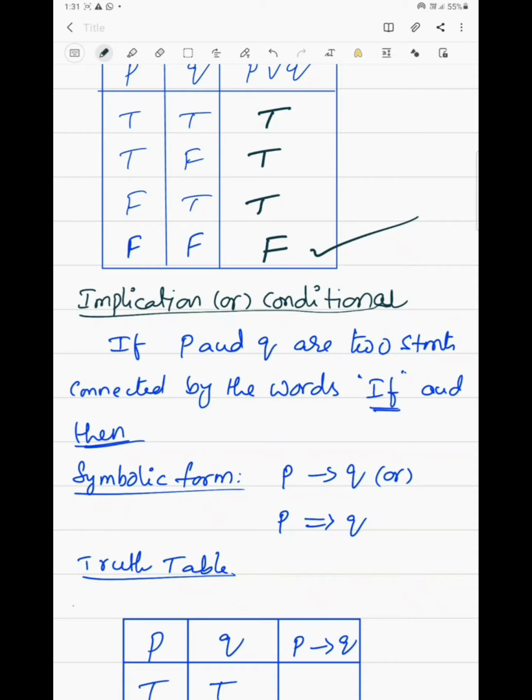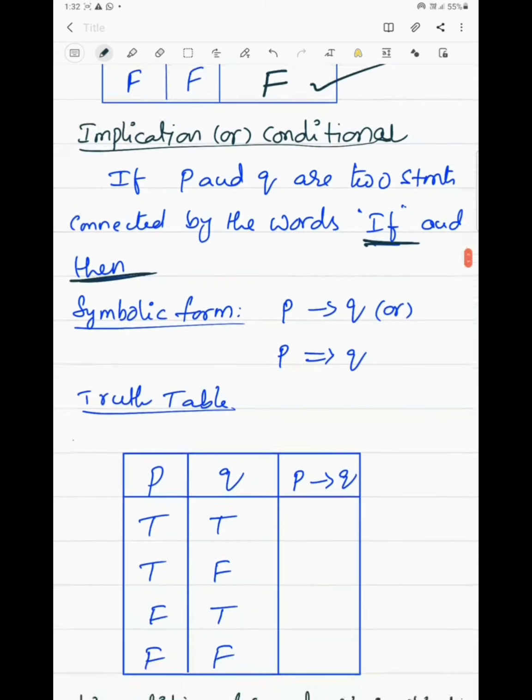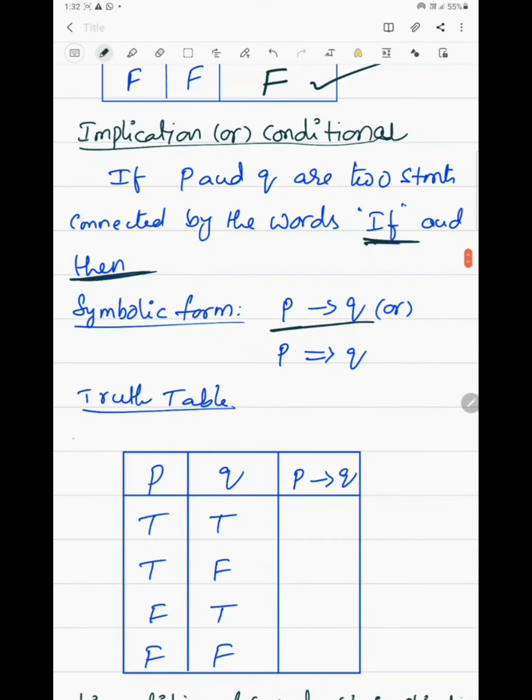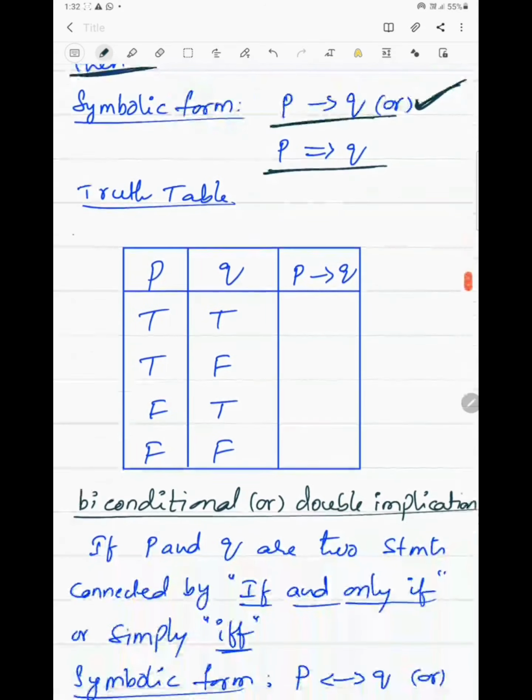Now the third type of compound statement, that is implication or conditional statement. If two statements are combined with the words if and then, the type of sentences are called conditional statements or simply implication. Symbolic form is P implies Q, and like this also you can write, but most probably we will follow this one only. Then what is the truth table for implication?